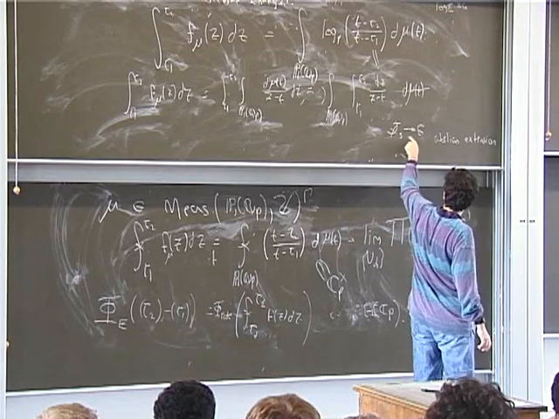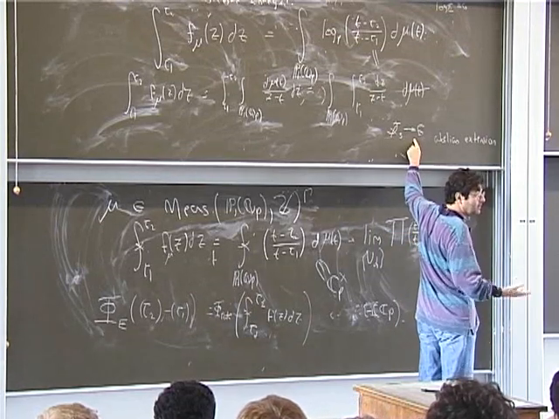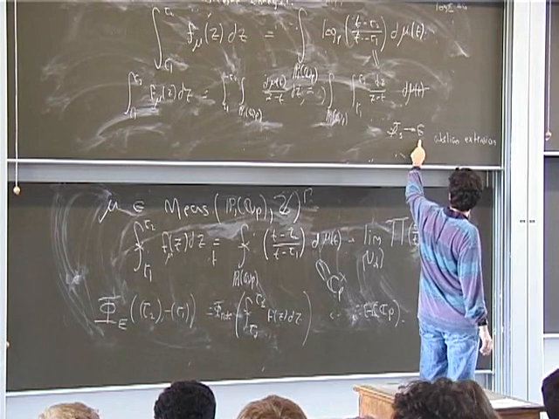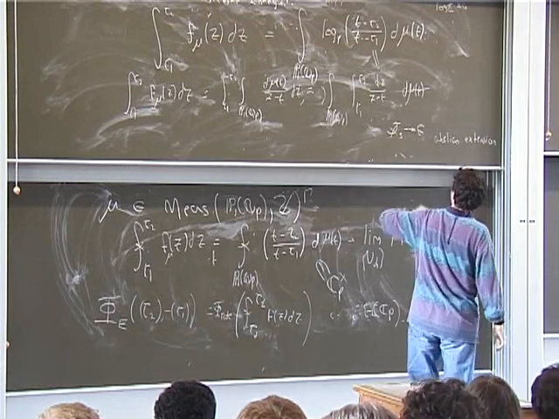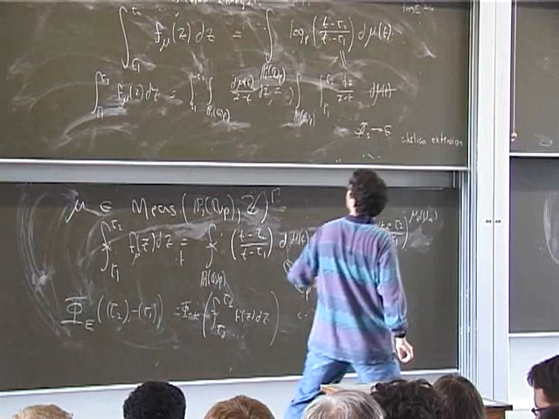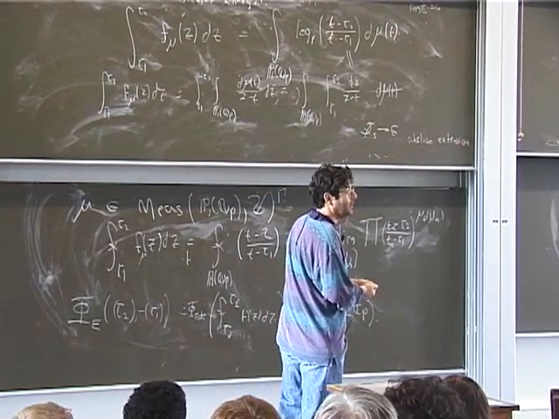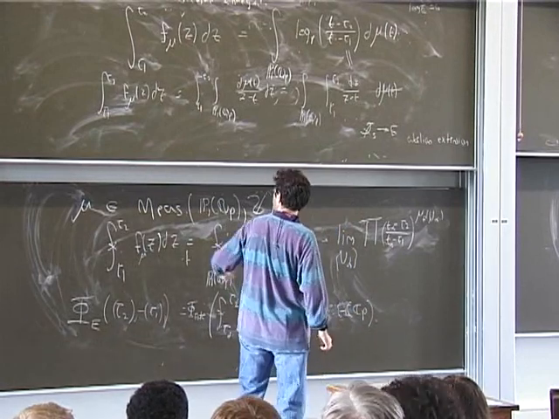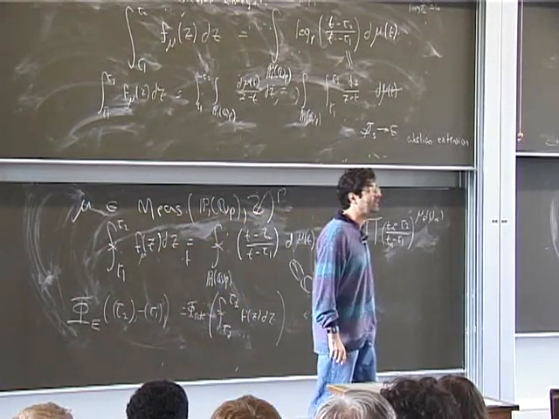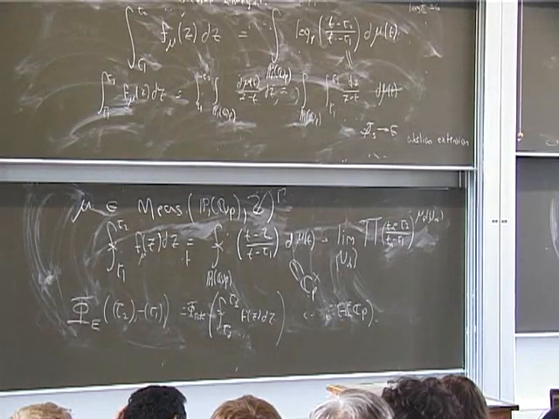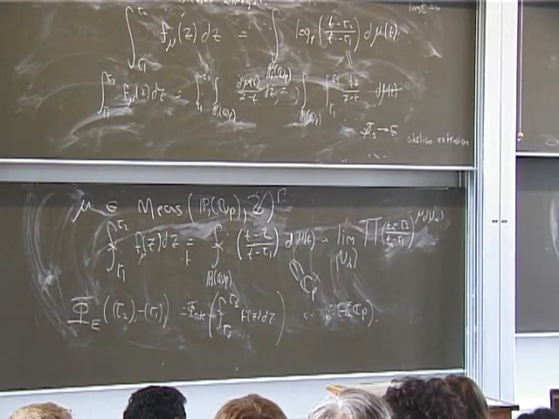Even though it's hard to write down this map explicitly, in most cases practically impossible, you can still deal with this rigid analytic differential by looking at the space of measures and diagonalizing the Hecke action. And this elliptic curve is the one associated with the system of Hecke eigenvalues I used to cook up this mu. So that's the recipe.